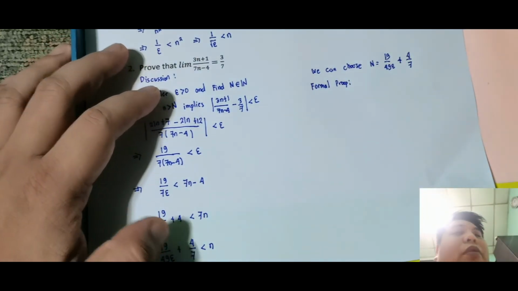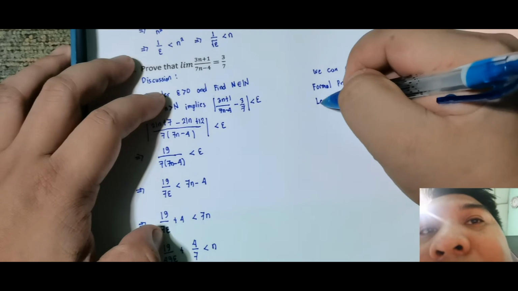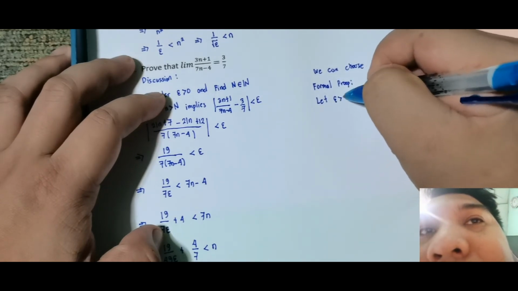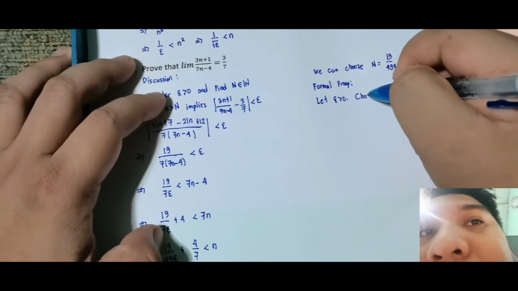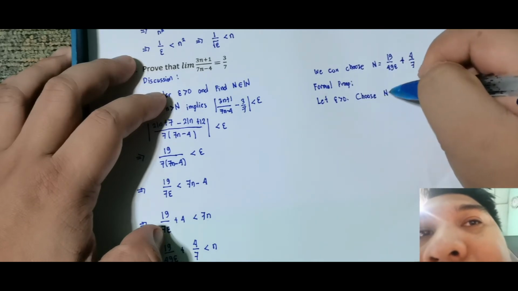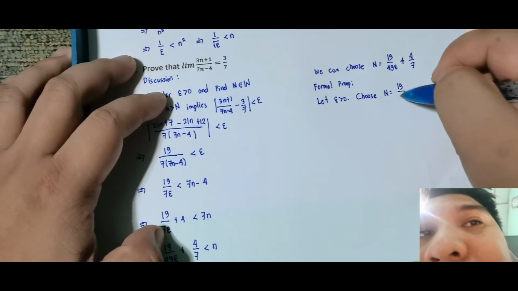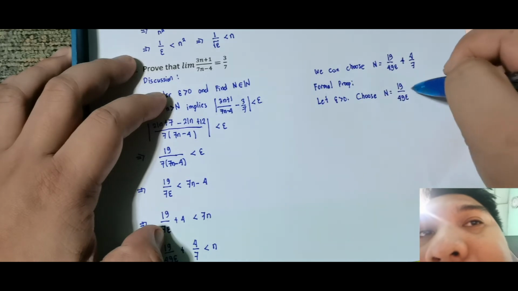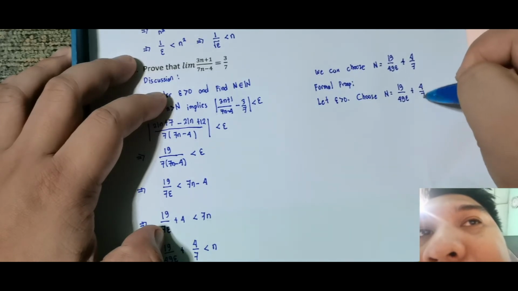Okay, so for the formal proof, let epsilon be greater than 0. So choose N to be 19 over 49 epsilon plus 4 over 7.